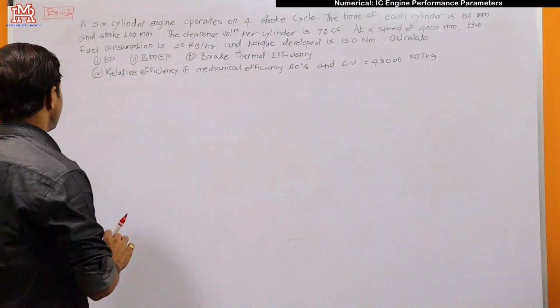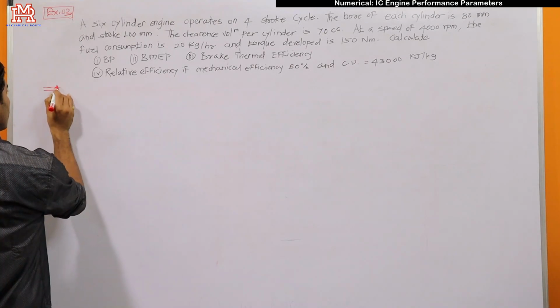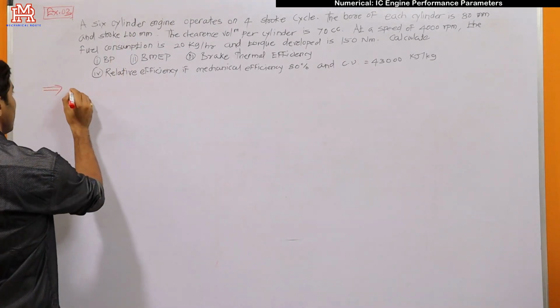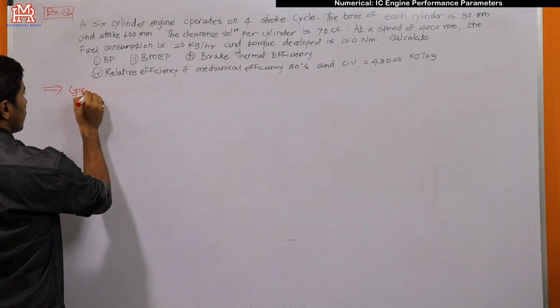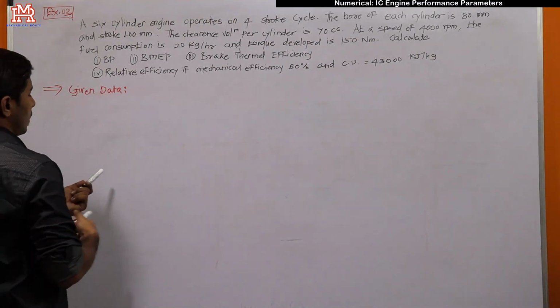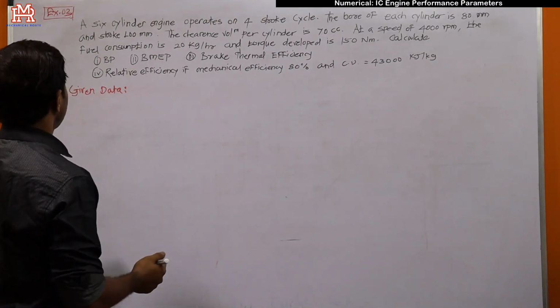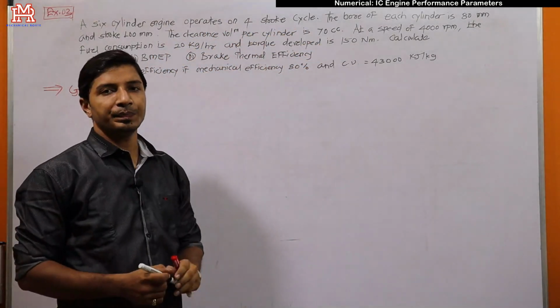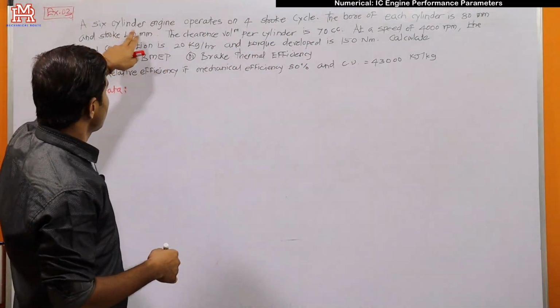So same here, now you have to write down what important parameters have been given. Okay, what has been given? A 6-cylinder engine operates on 4-stroke cycle. The engine is given as 6-cylinder.